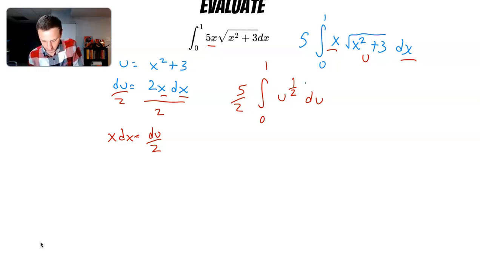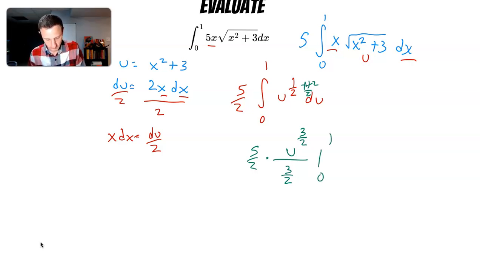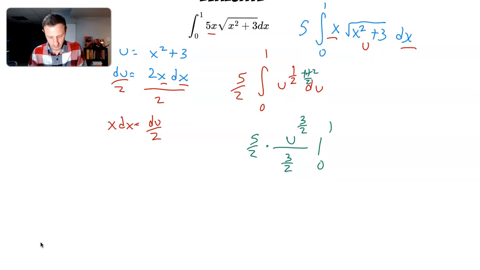Nothing too fancy. I'm going to add 1, so this is over 2. So this is going to be u to the 3/2 over 3/2 times that 5/2. The u to the 3/2 divided by 3/2 is the same thing as 2/3.